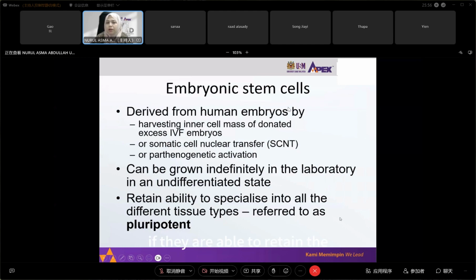If they are able to retain the differentiation capacity into all types of cells, they are categorized as totipotent. However, if they are able to differentiate into specialized types of cells, meaning not all types of cells, they are categorized as pluripotent. Okay, pluripotent.